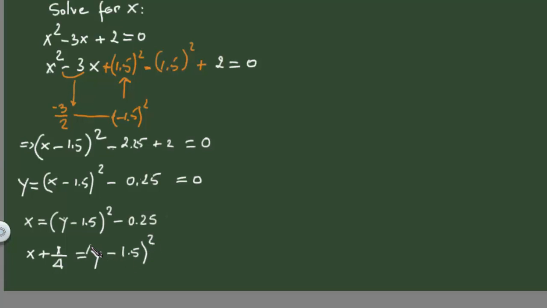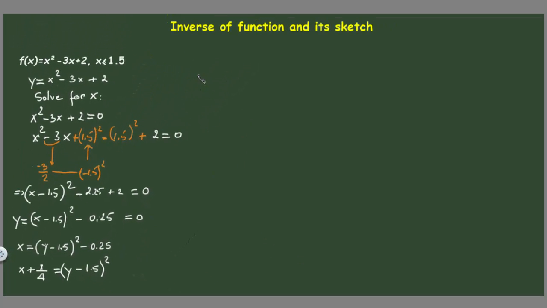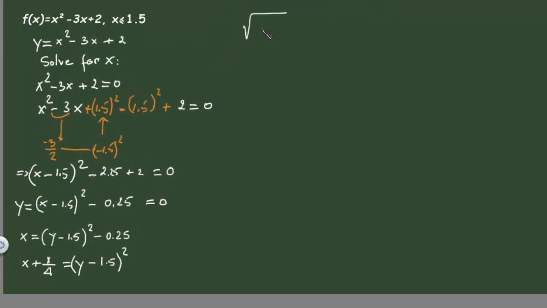Now we can square root it. So we're going to have the square root of x plus 1/4 equals, because we square root it, we're going to have two solutions, plus minus, on the other side. It will remain y minus 1.5.